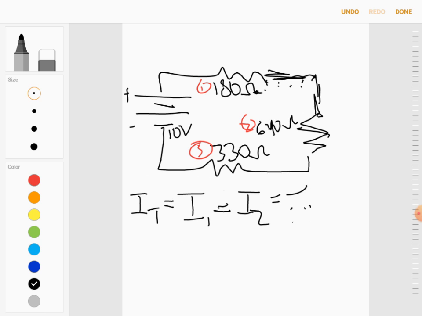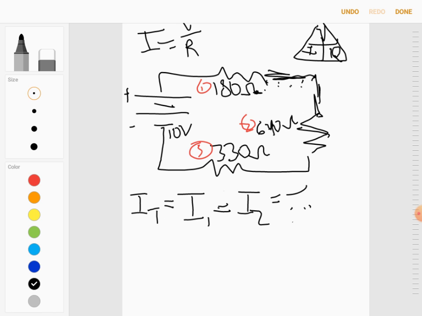And I said that in Ohm's law, you can use the triangle to find the different relationships between voltage, current, and resistance. So, since we're trying to find the current, we know that that is voltage divided by resistance.